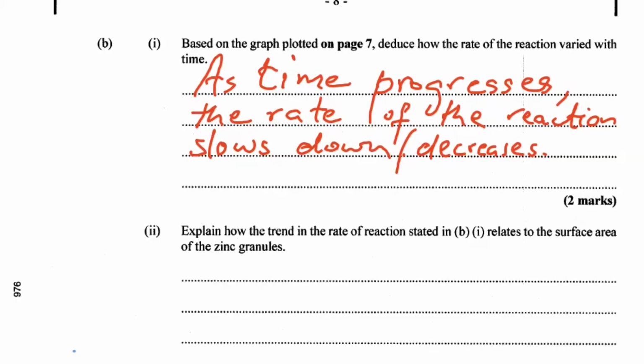So for 2 marks, the larger the surface area, the faster the rate of reaction. The larger the surface area, the less time it took for the reaction to be completed.